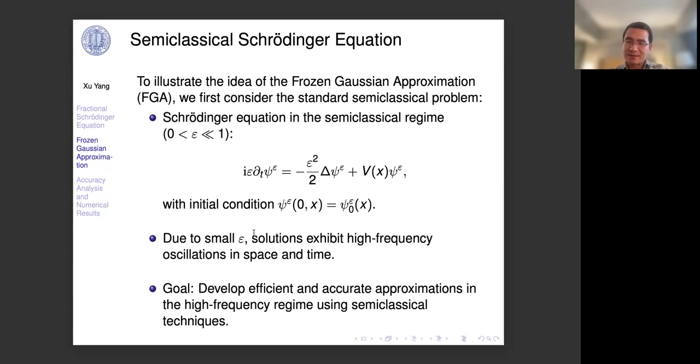We plug in and then collect orders. For the phase function, we have the eikonal equation, and a lot of research has been done on the eikonal equation, because this is a Hamilton-Jacobi equation. It develops singularities even though the initial condition is smooth.